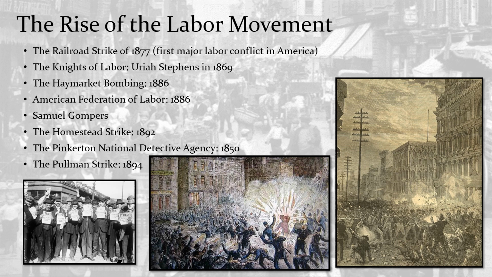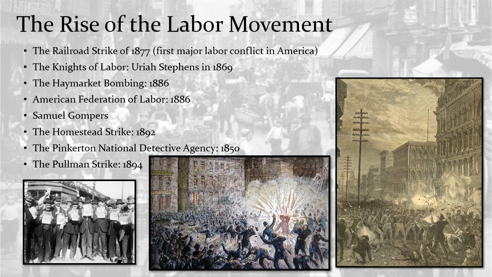The Pullman strike, and this is George Pullman, who owned the Pullman Car Company, which made the passenger cars for the railroad. Same kind of thing. What ends up happening is Pullman partners with the governor of Illinois.